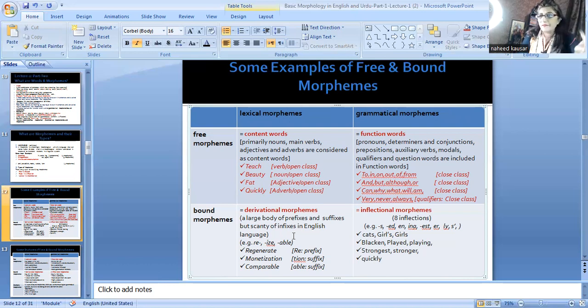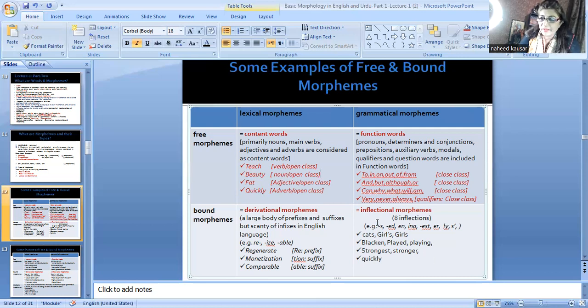In other languages, of course, there is a margin. And then again, if we are talking about the bound morphemes, there can be the derivational morphemes as well as the inflectional morphemes. You see that in the English language, there are 8 inflections and they are attached to the words.